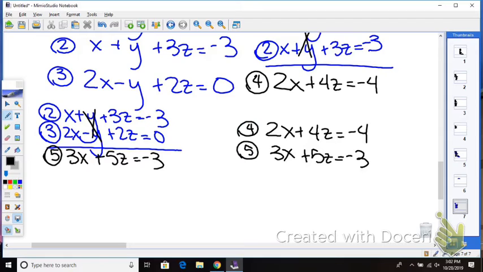Let's decide as a class, which variable do we want to eliminate? X. Okay, you guys finish that and just get x, and let's stop and see what we got.